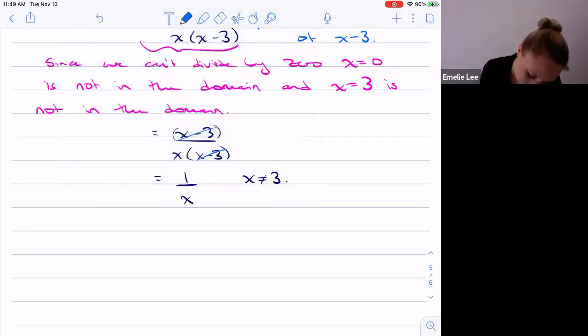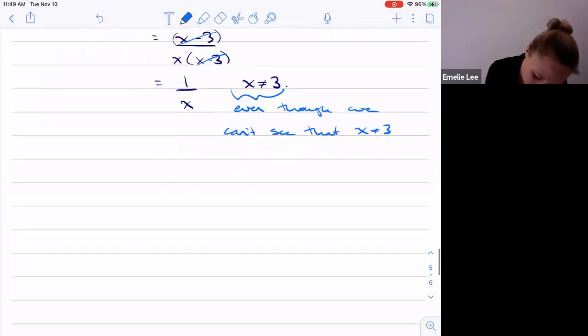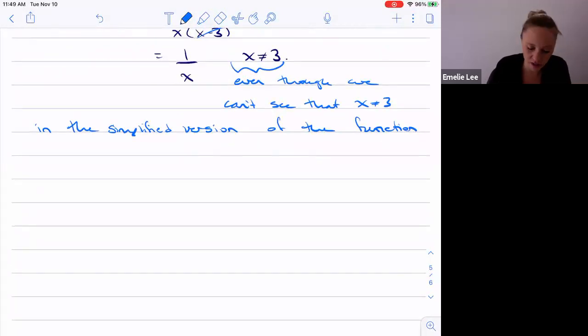So even though we can't see that x is not equal to 3 in the simplified version of the function, it is part of the original domain.